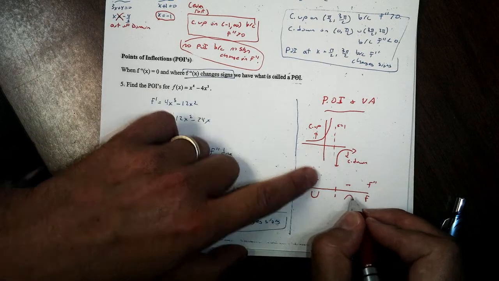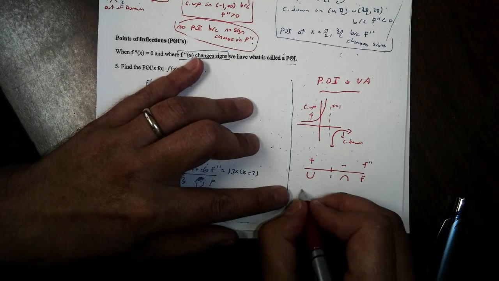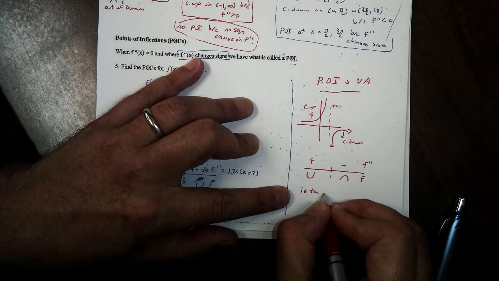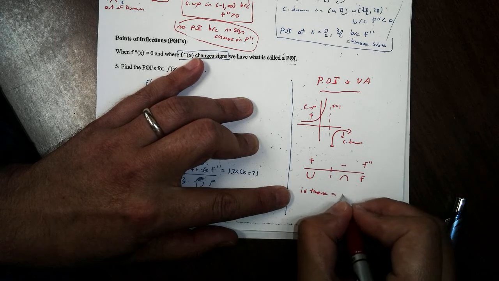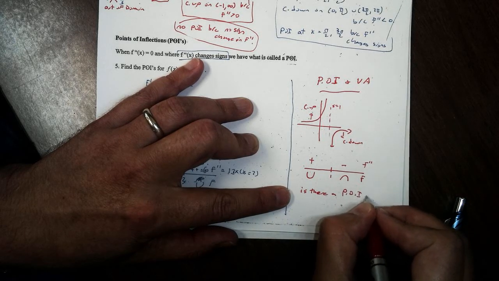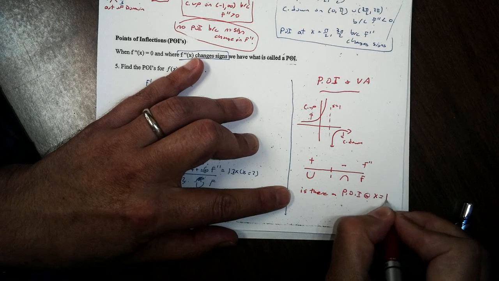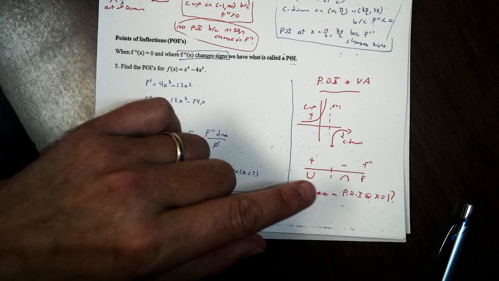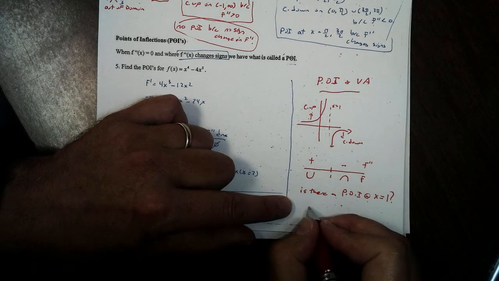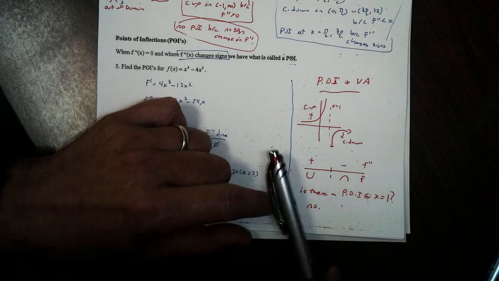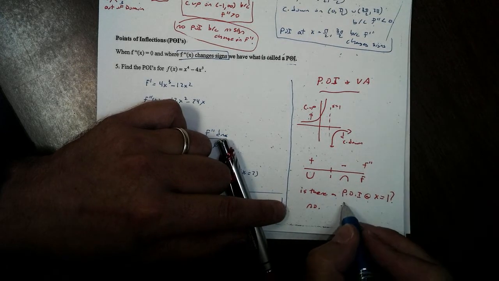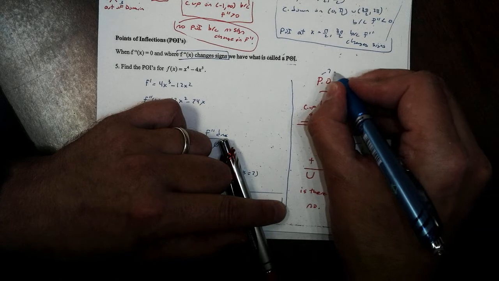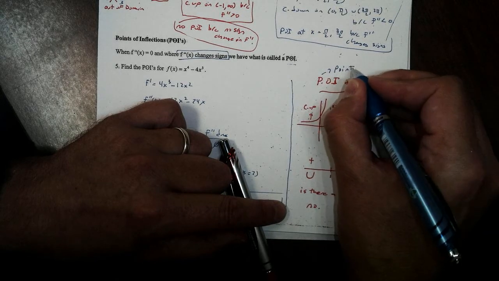Negative. Now the question is, is there a POI at x equals 1? And that's the question people always want to ask. And the answer is no. And the reason for that is what POI stands for. Remember, the P in POI stands for point.